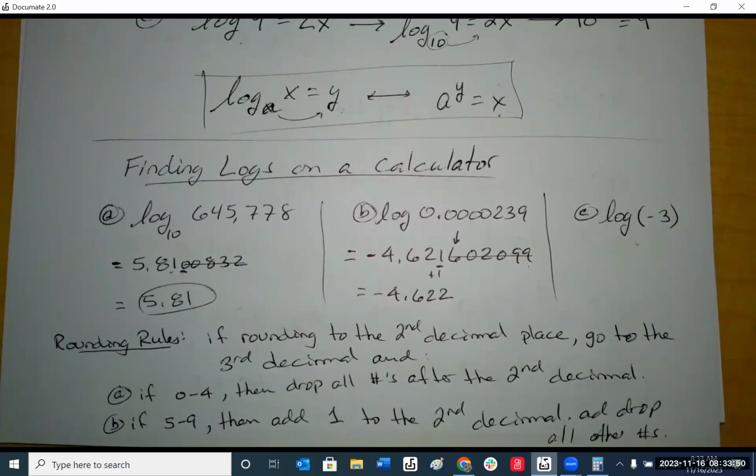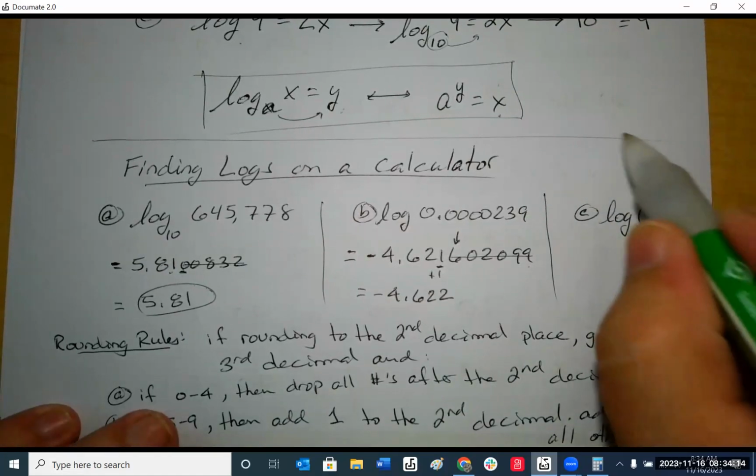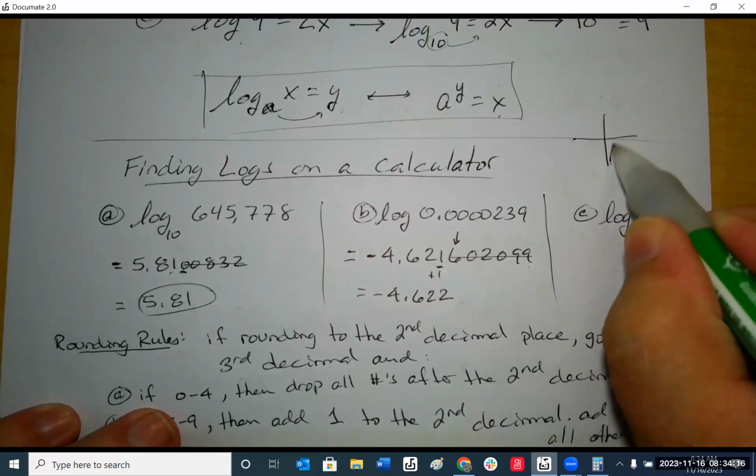So far, so good. So that's for logarithms using the decimal places and rounding. How about the third one? What do you think this is going to be? Log base 10 of negative 3. Positive? No. Remember the graph? The graph of logarithms looked like this, right?